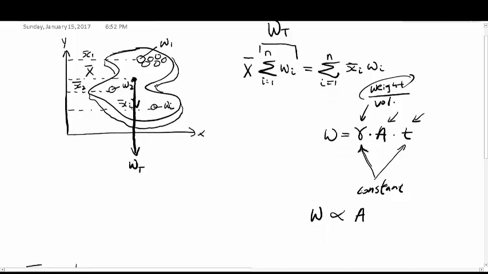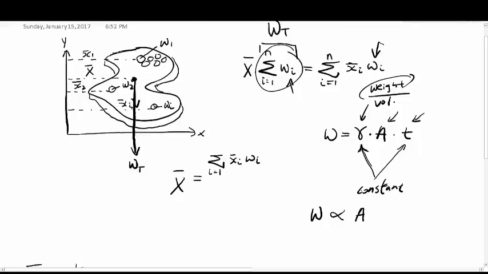So that means it would be okay to substitute area for these weights. Let's divide this summation over to the other side. So X bar is going to equal the sum of x bar i times Wi, i equals 1 to n, divided by the sum of the weights, which are the summation of the little individual pieces.